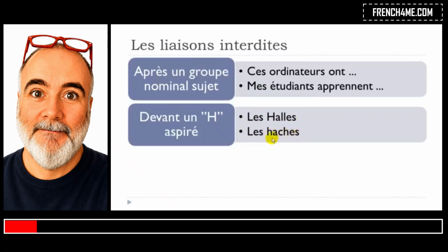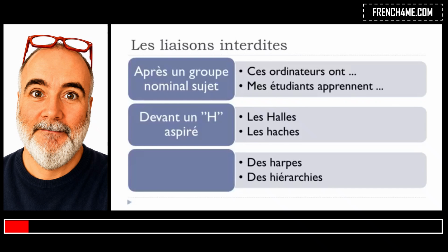Same thing here. H, well, it's an axe, okay, and in that case, it's the plural form. Les haches, okay, les haches. So you don't say lez haches, but you say les haches. All right. So I did write two other examples. In that case, harpe, the musical instrument. Des harpes, okay, so you don't make the liaison between the two.